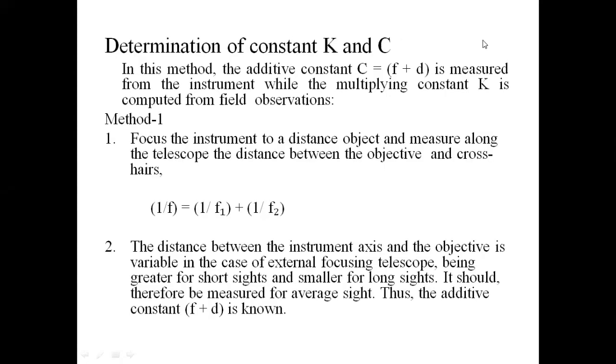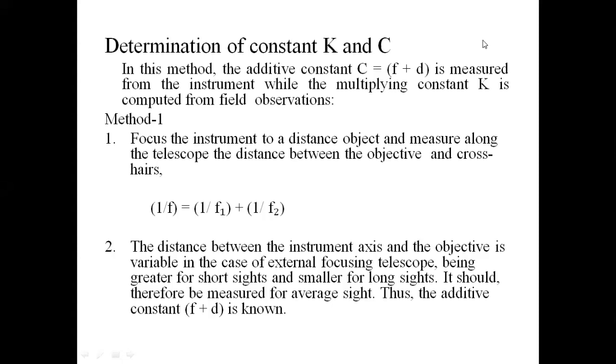Determination of constants K and C. In this method, the additive constant C is measured from the instrument, while the multiplying constant K is computed from field observation. Therefore, there are two methods. Method number one: focus the instrument on a distant object and measure along the telescope the distance between the objective and the crosshairs.